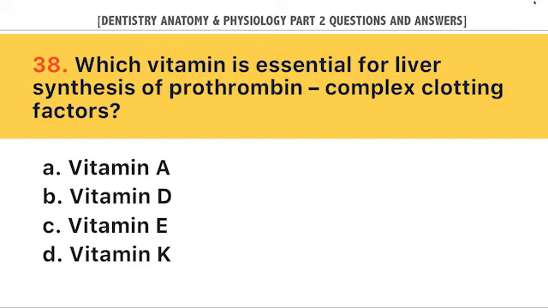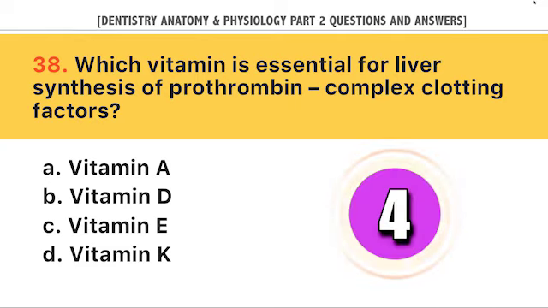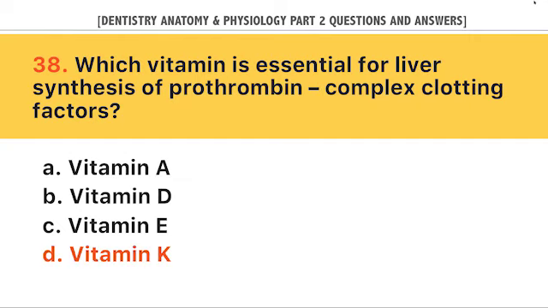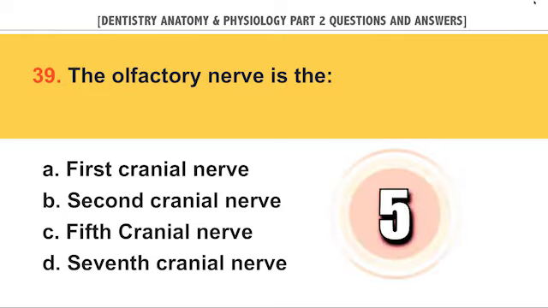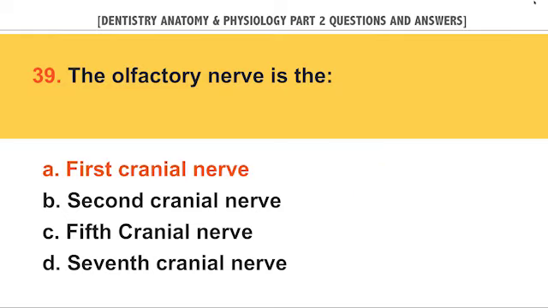A. Vitamin A, B. Vitamin D, C. Vitamin E, D. Vitamin K. Answer D. Vitamin K. The olfactory nerve is the A. First cranial nerve, B. Second cranial nerve, C. Fifth cranial nerve, D. Seventh cranial nerve. Answer A. First cranial nerve.